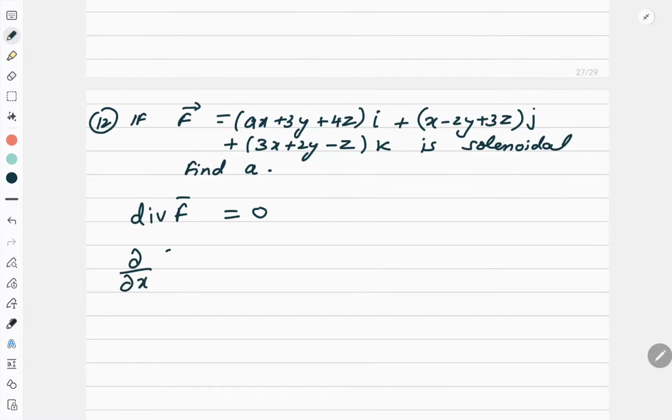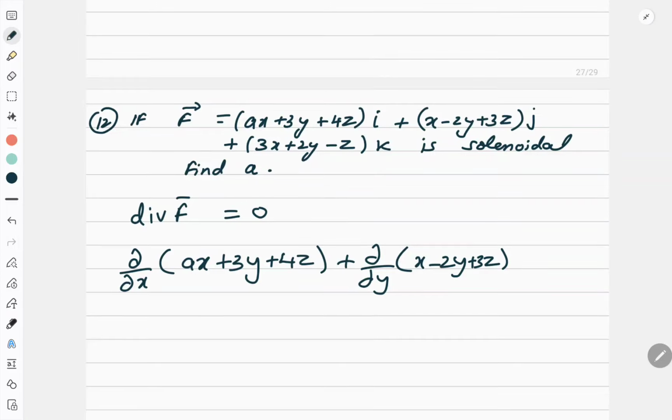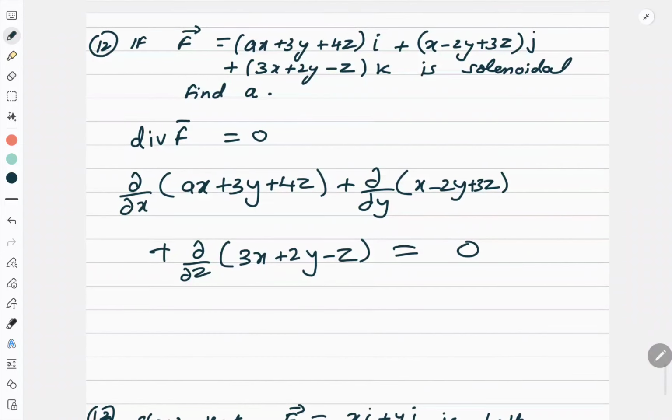Dou by dou x of the coefficient of i plus dou by dou y of the coefficient of j plus dou by dou z of the coefficient of k is equal to 0, given. Now dou by dou x of this is a minus 2 minus 1 is equal to 0. So a is equal to 3. Answer. Again a very important and very simple question.